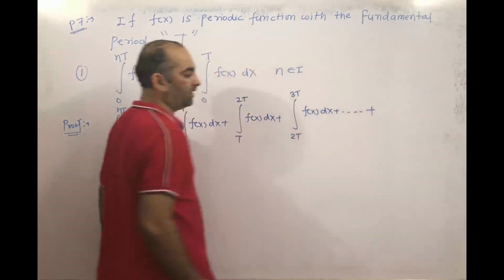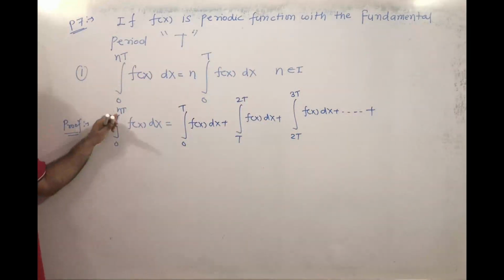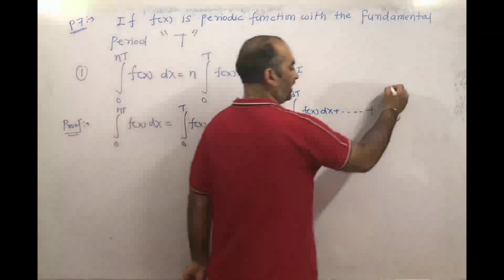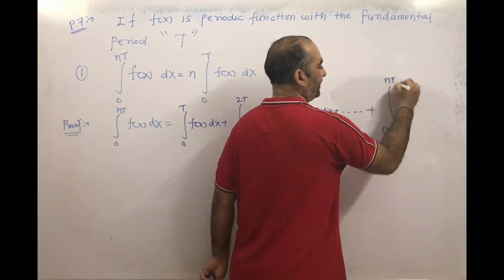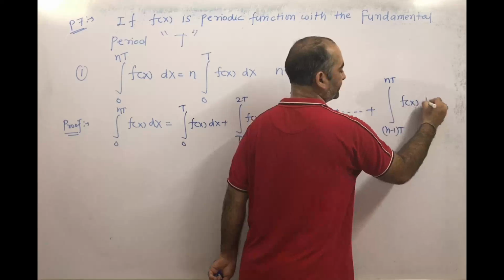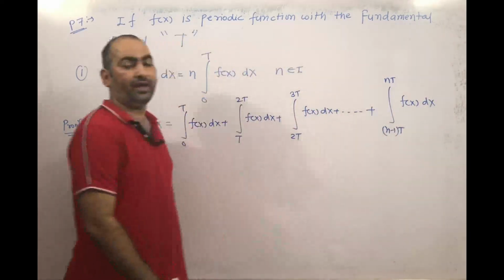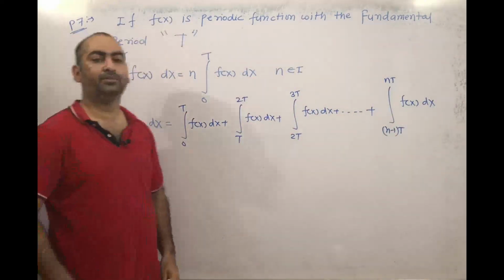Last part will come, this is nT, so what will come here? (n minus 1)T to nT f(x) dx. Okay, f(x) is a periodic function with the period of T.